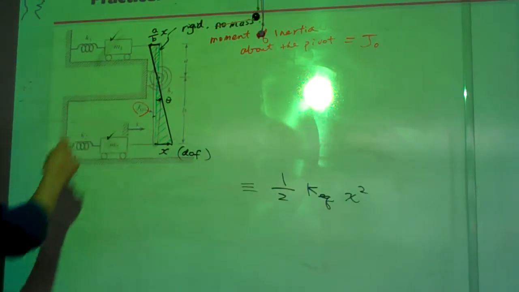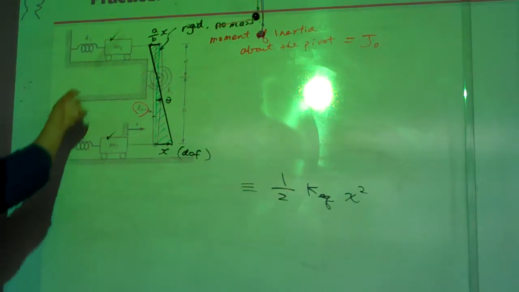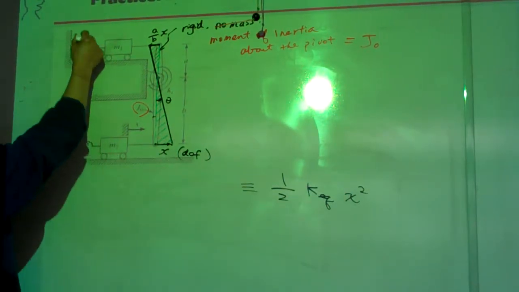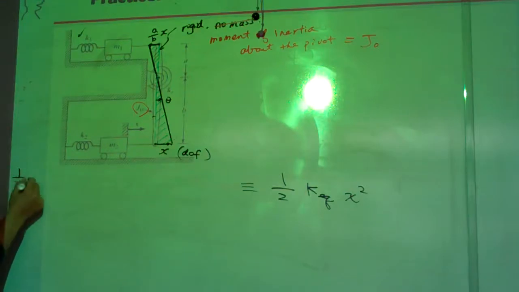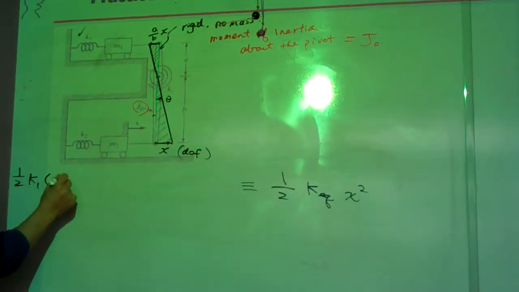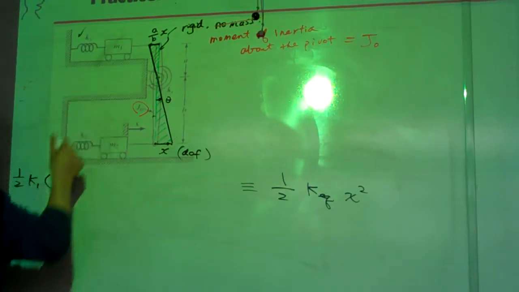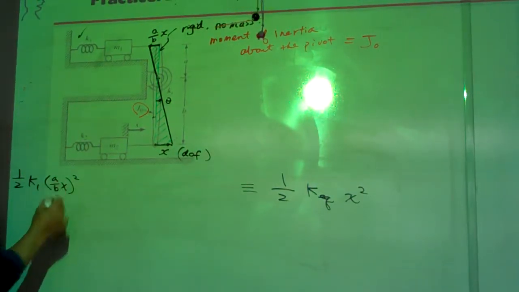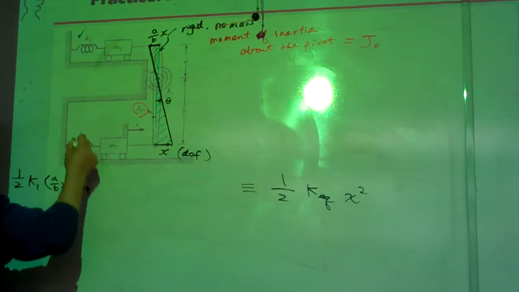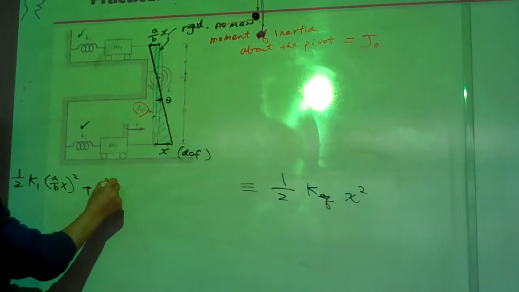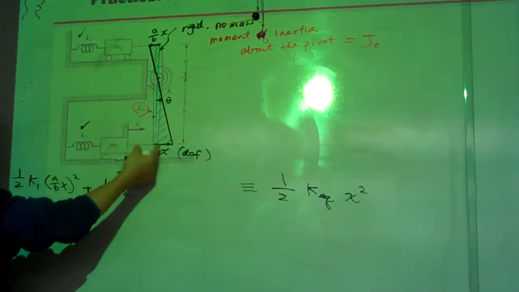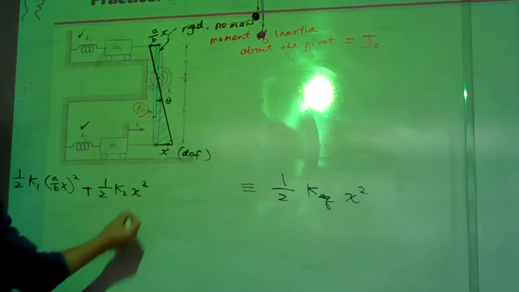This is a spiral spring. So the first spring is 1/2 times K1 times the displacement squared, and the displacement is A over B times x. And for the second spring, that is 1/2 K2 times displacement, which is x squared.